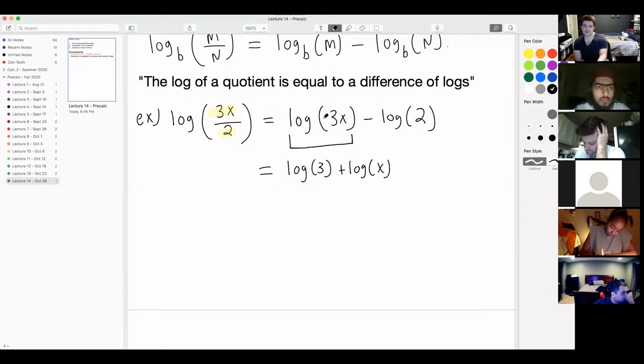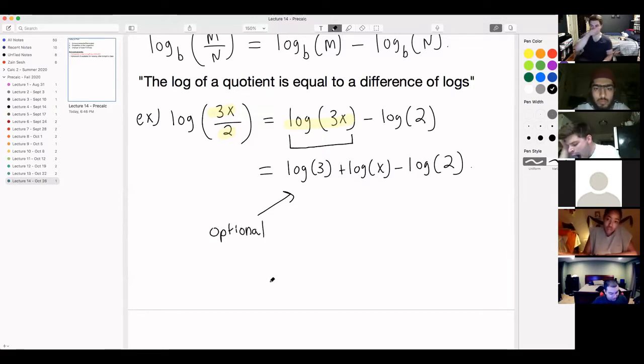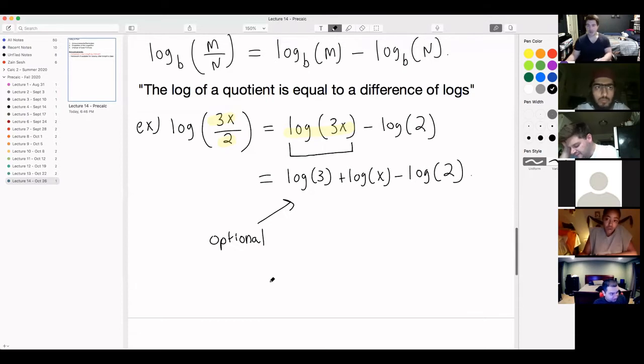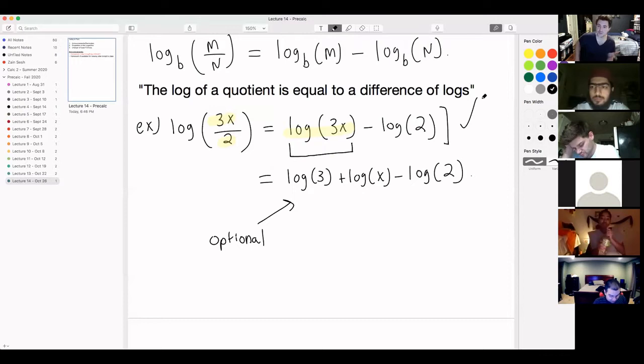The minus log 2 comes down unchanged. That would be an optional thing. I would totally accept this. That would be fine as your final answer.